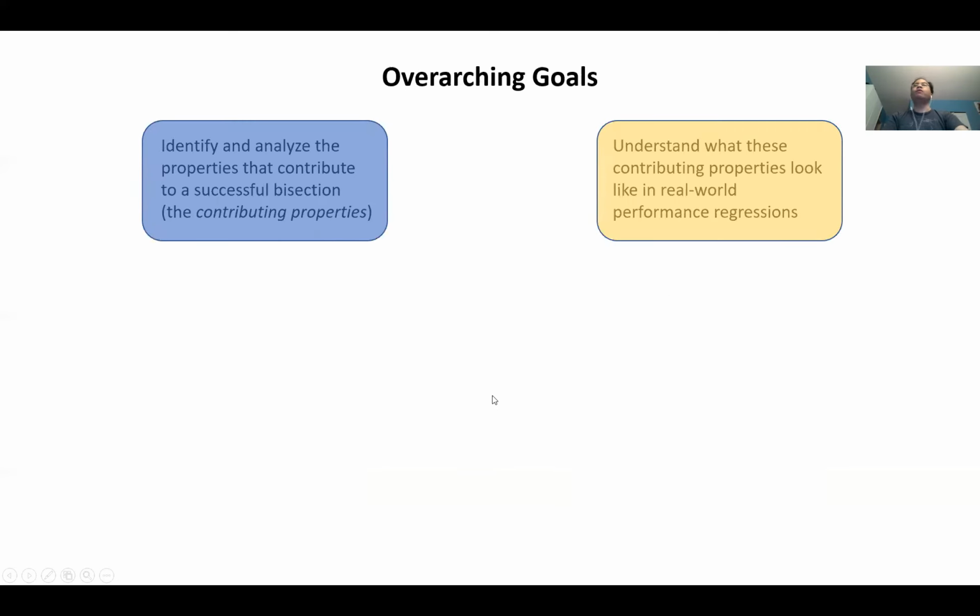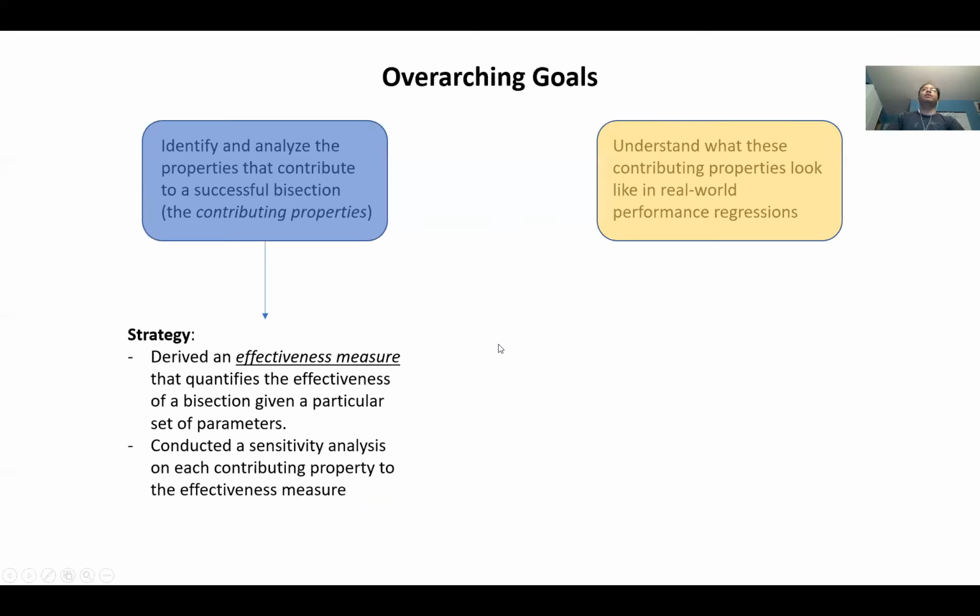These are basically the overarching goals of the entire study: to address these two questions. For the first one, identifying and analyzing the contributing properties, the main strategy I've employed is to first derive what's called an effectiveness measure.